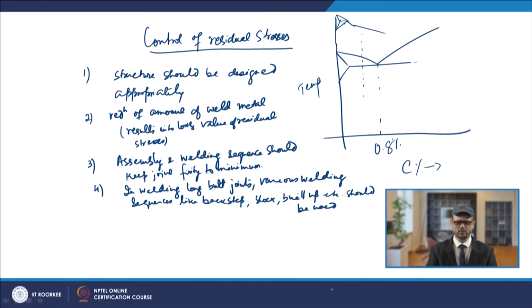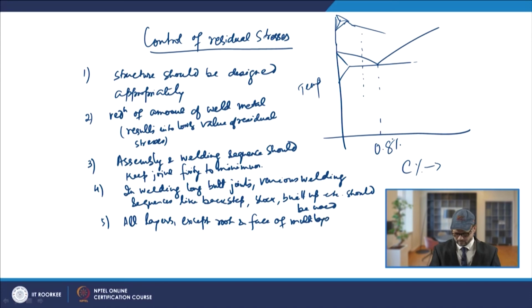When we go for multi-layer welds, all layers except the root and face, in joints of appreciable fixity, should basically be peened.